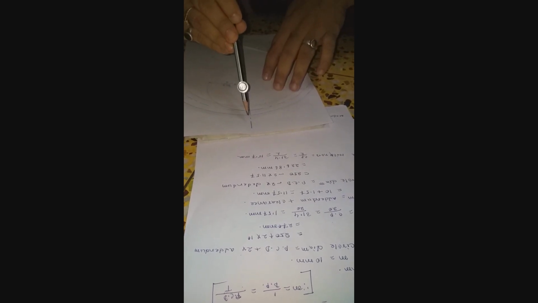Now take PCD by 8, that means 250 by 8, which is 3.12 centimeter. Here, take this dimension, and with the center P, draw another arc like this.